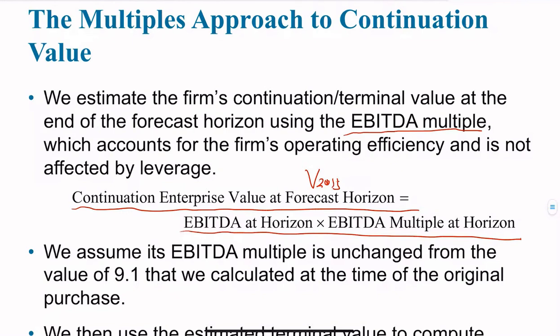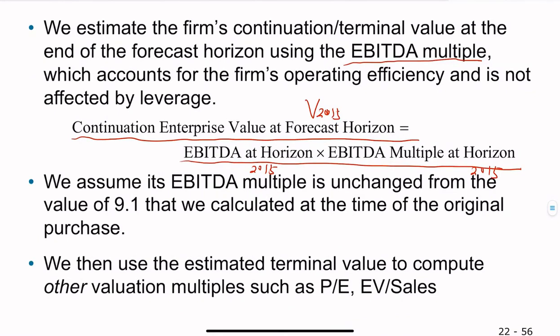Okay? And it equals EBITDA at horizon. It's just EBITDA in 2015 times EBITDA multiple at horizon, which is just, well, you guessed it, EBITDA multiple at 2015.